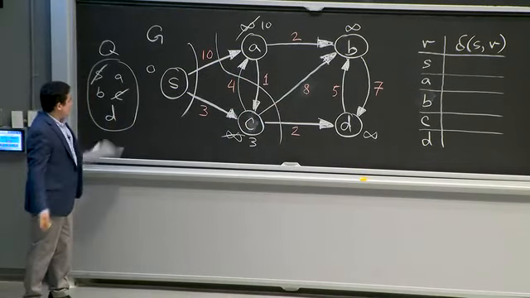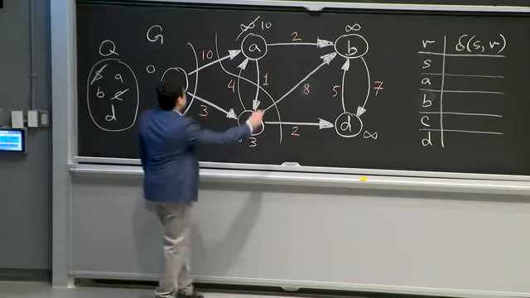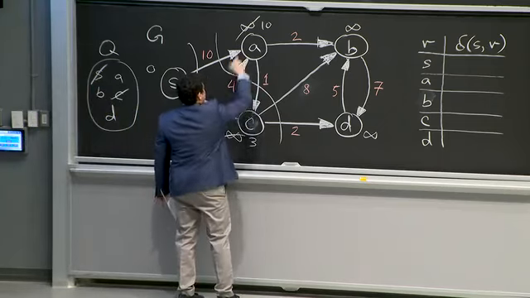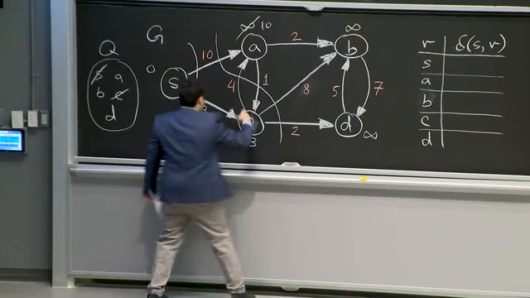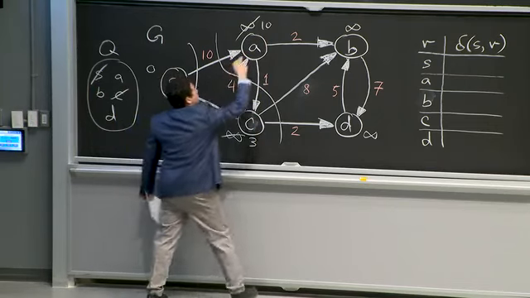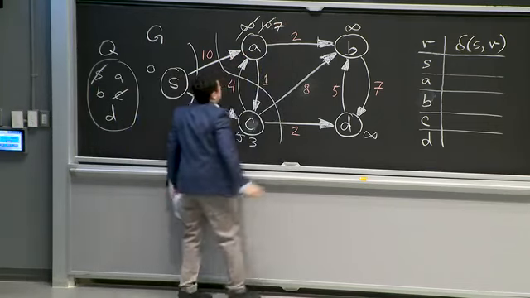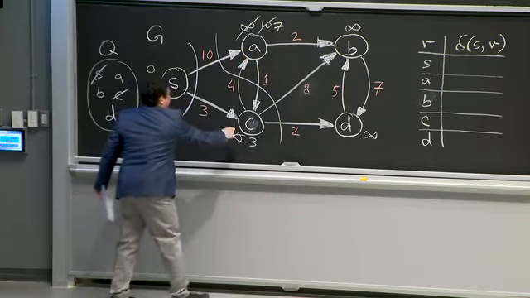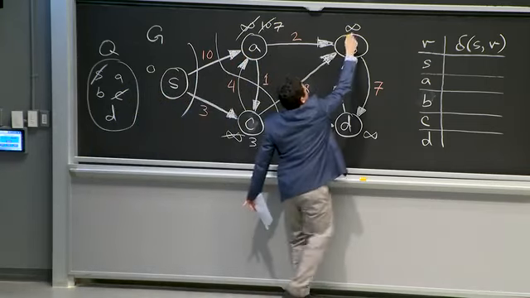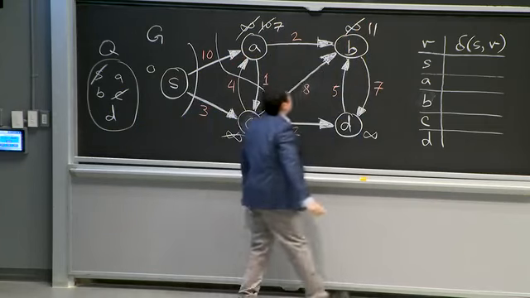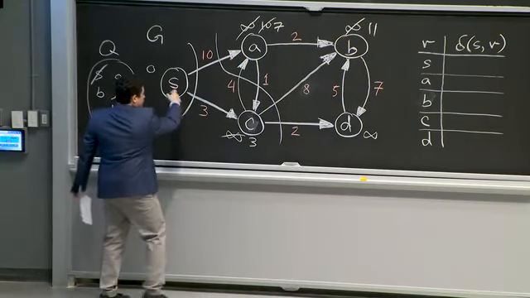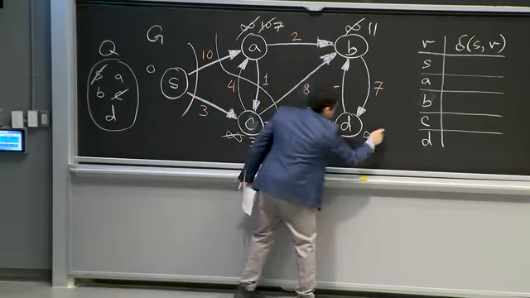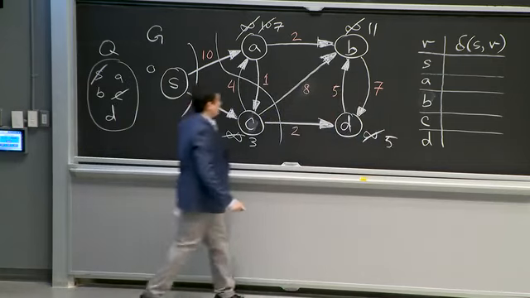And now I relax edges out of C. So here's an edge out of C. That's a 4. A 4 plus the 3 is smaller than 10. So I update it. 3 plus 8 is 11. That's smaller than infinite, so I update it. I relax. 3 plus 2 is smaller than infinite, so I relax that as well.